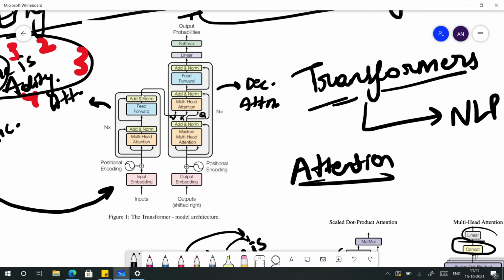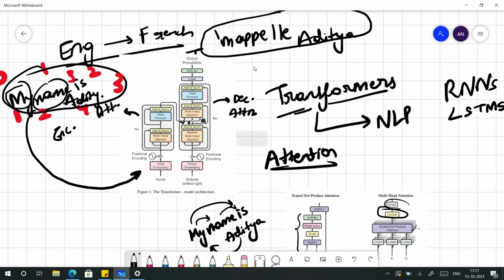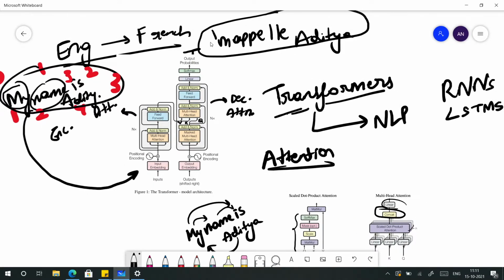This will be going as an input to this attention layer. At the output, we give the French sentence which I have mentioned before, which goes as an input to the decoder network.